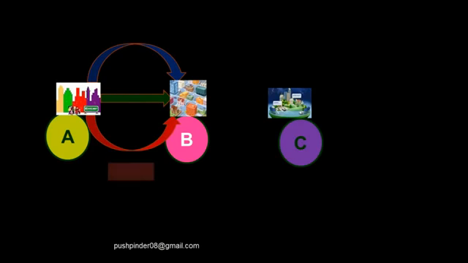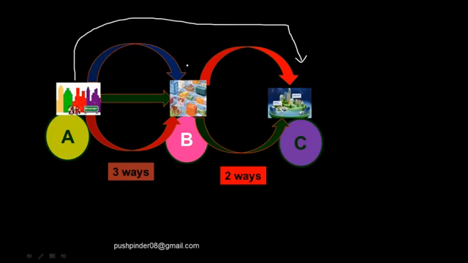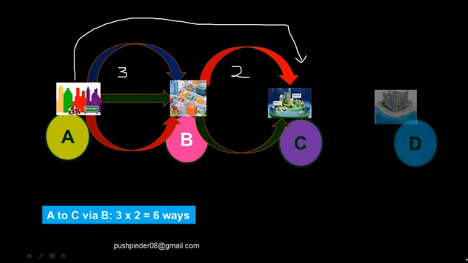So there are 3 ways by which you can go from city A to city B. And similarly, there are 2 ways by which you can go from city B to city C. Now if I ask you how many ways are there to go from city A to city C via B, so you have to go through B. There are 3 ways here, there are 2 ways here. The total number of ways would be 3 into 2, because you have to go through B. So 3 into 2, that is 6 ways.